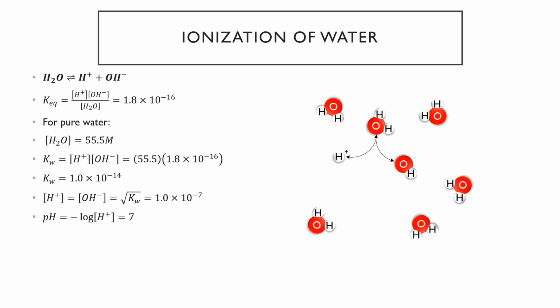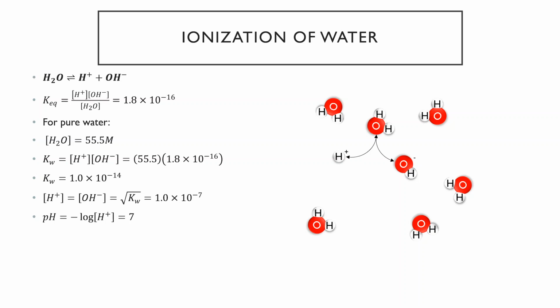Another property of water that is important for biochemistry is the ability to ionize. Water, of course, is a neutral molecule, but it has the ability to split into a proton and a hydroxide ion.